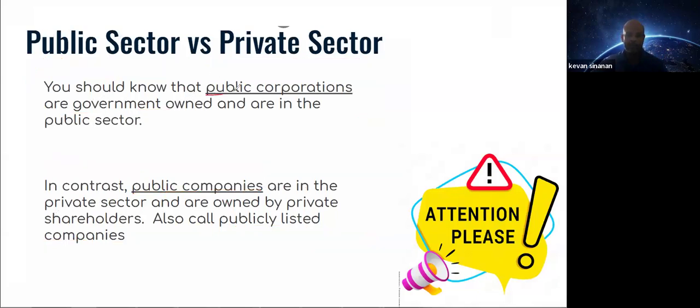underlined here. Public corporations are in the public sector. Public companies are in the private sector, also called publicly listed companies. Very important.